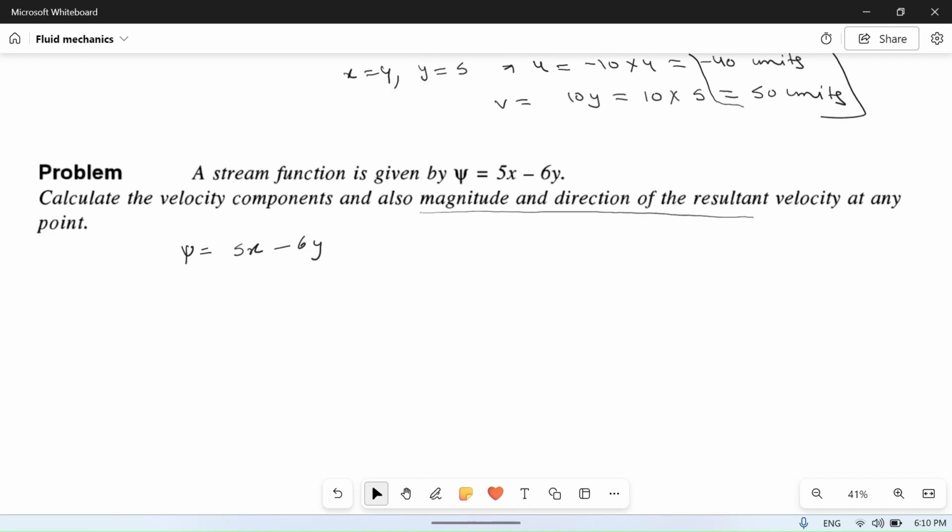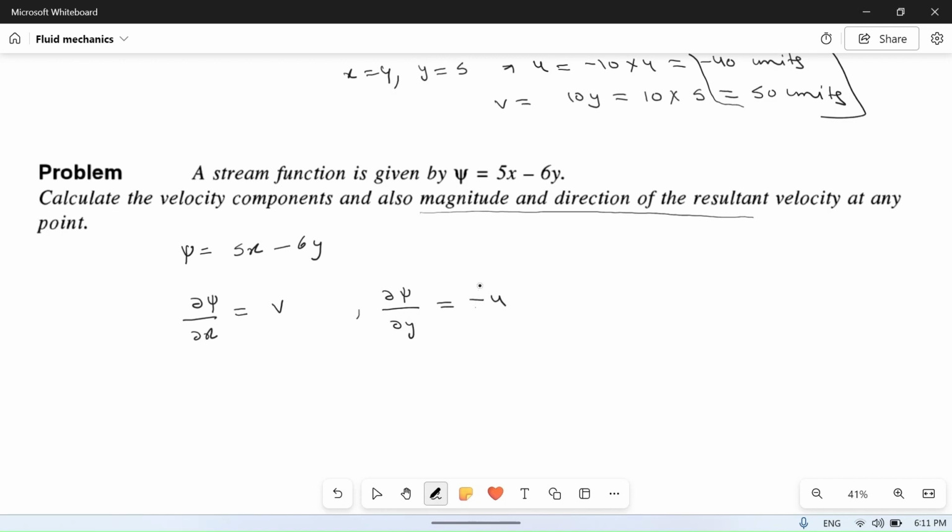So if you remember the definition of the stream function, then you will remember that its derivative in any direction gives the velocity perpendicular to that direction. So we are differentiating with respect to x, but it is giving velocity in the y direction. Similarly, del psi upon del y is equal to minus u.